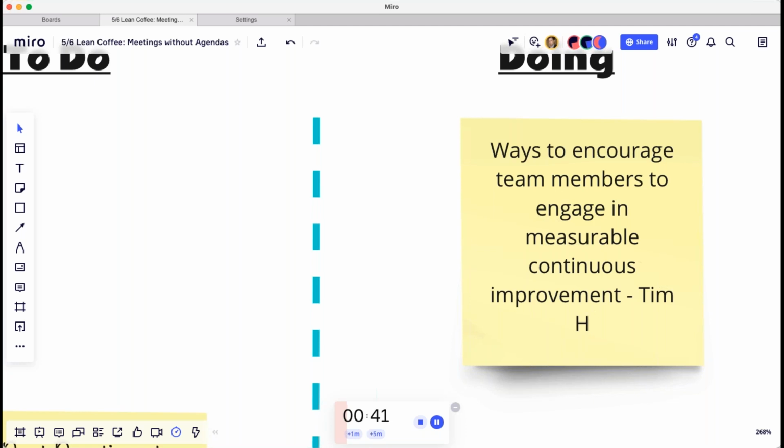How do you handle coming up with the measurements? Am I the only one that struggles with that one? I think it feels like a lot of work. It's so valuable, but it feels like a lot of work, right? Because you have to figure out what we are going to measure and how we are going to measure it.